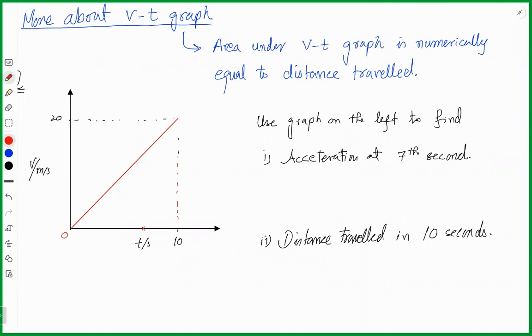With one second, it will still be very small, and you still have to guess the value. So you could find the acceleration for the whole thing, because it is a straight line. It doesn't matter whether you find acceleration for the first second, or second, or third, up to the eighth, because acceleration is constant all along. So if you find the total acceleration or acceleration at any point, the answer should be the same.